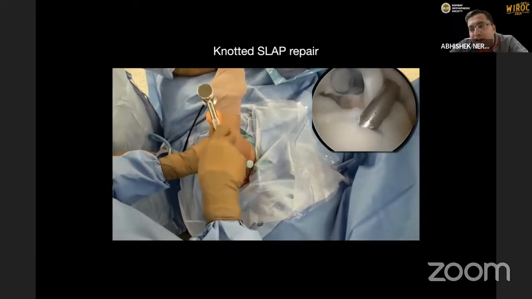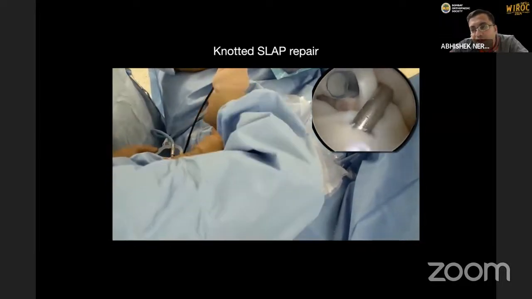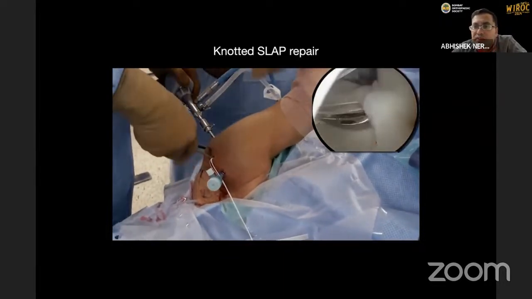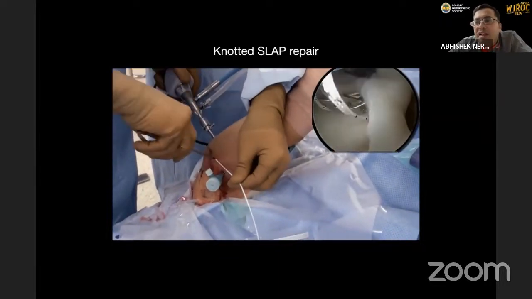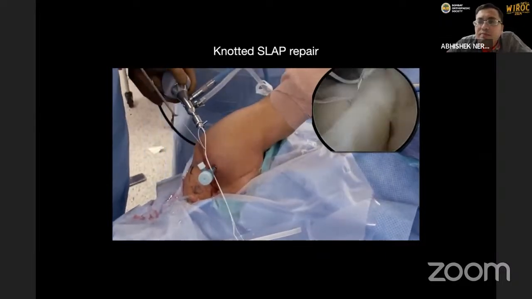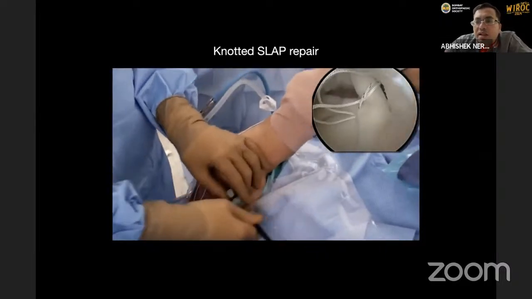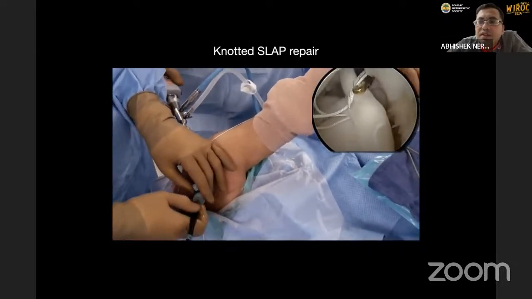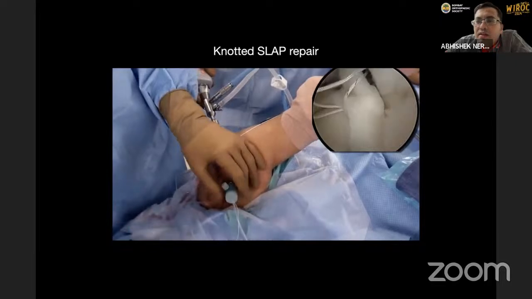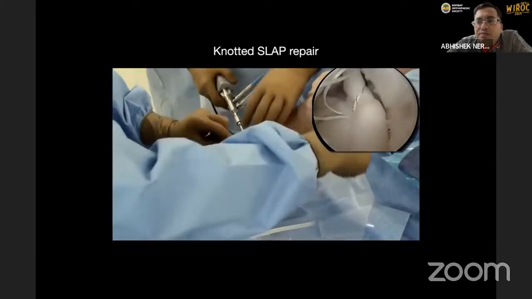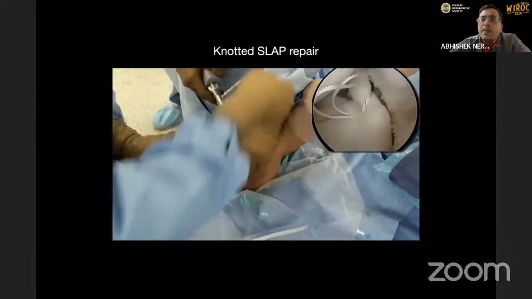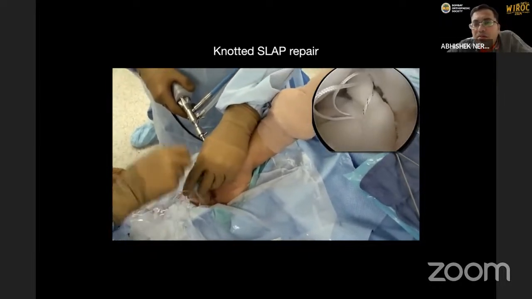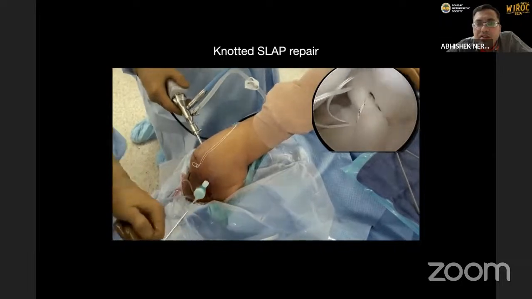So now you are putting the anchor on the superior surface of the glenoid, and typically what I do is take one bite each from either side of the biceps. So one bite is taken from the posterior side, and then I can put a knot to it. So that will fix the biceps from one side.